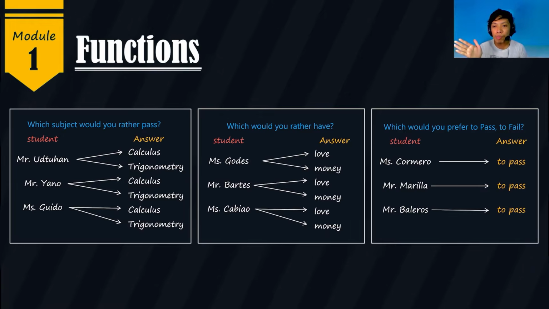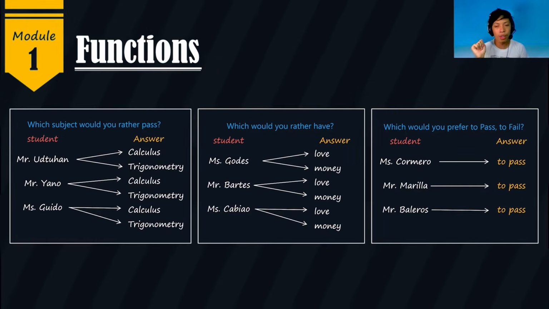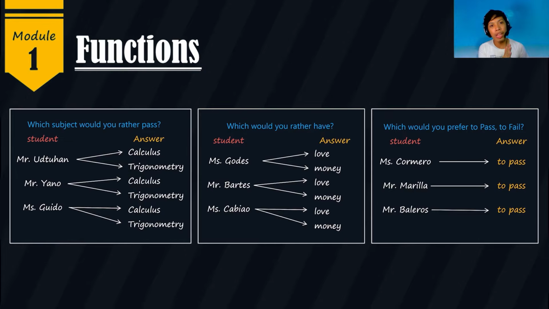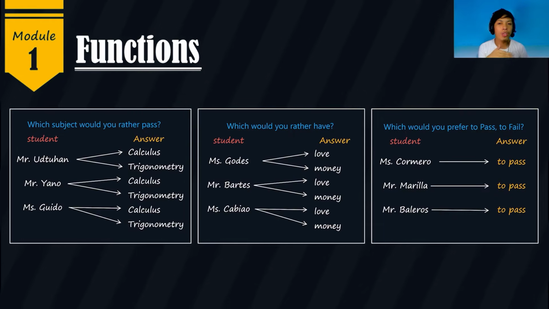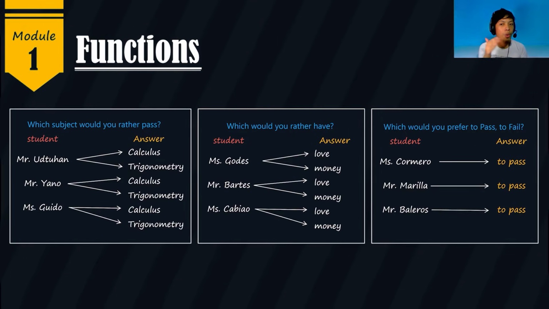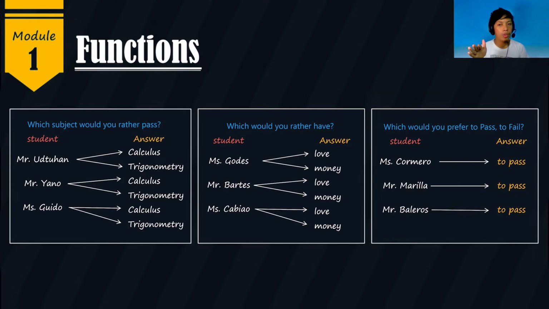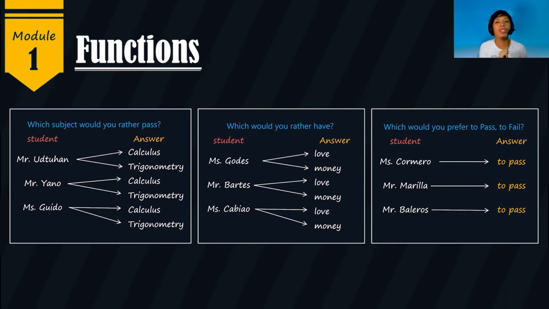On the first table, the first column is the name of the students, and the second column is their corresponding answer to the question. The question on the first table is, which subject would you rather pass? Now, each element on the first column corresponds to more than one element on the second column.